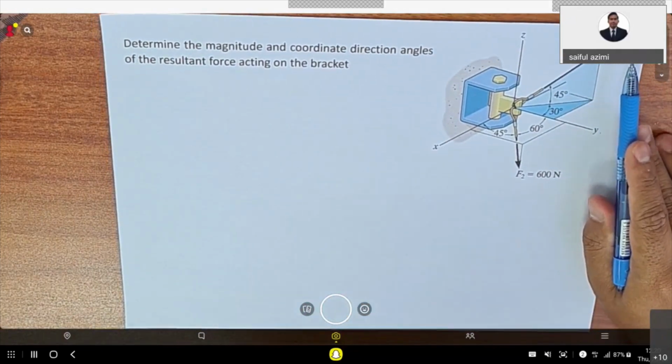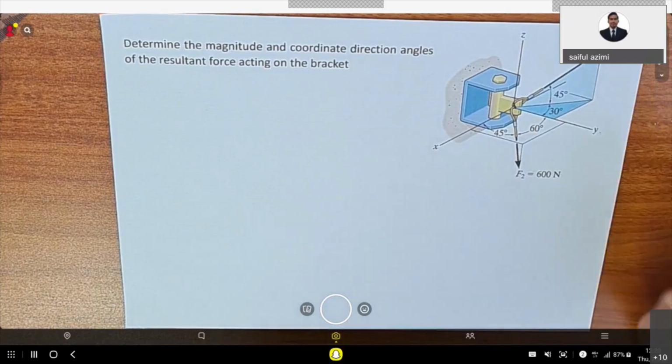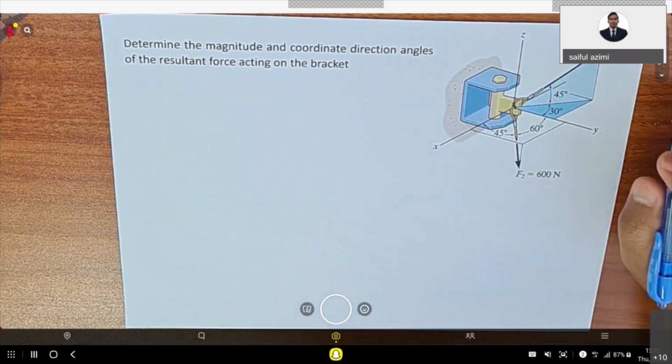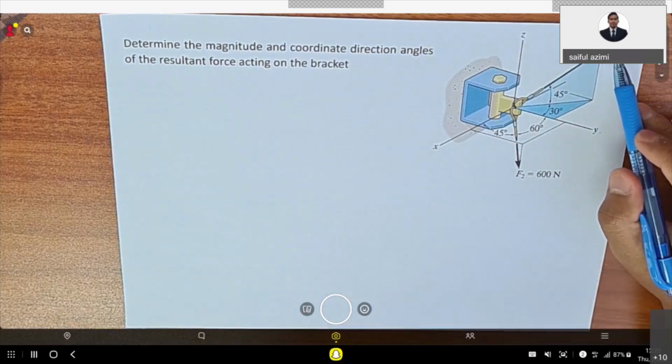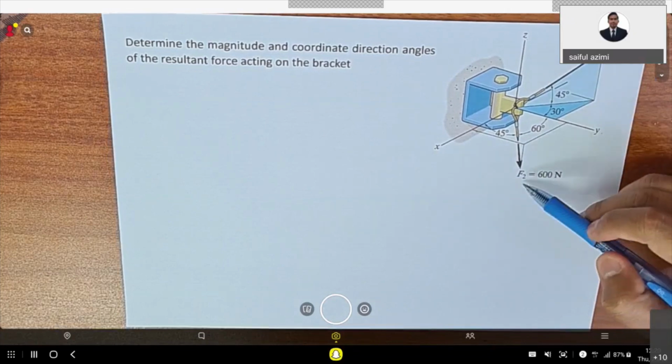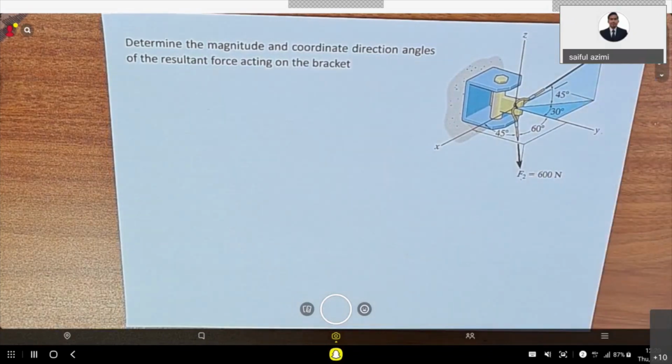You need to find the resultant force, and this time you have two forces, force 1 and force 2, so you need to sum them together.